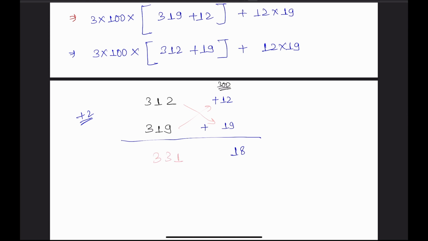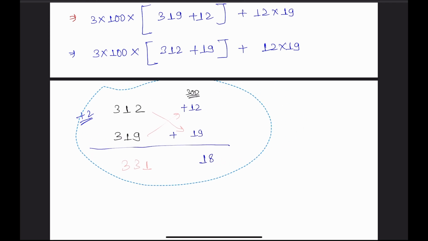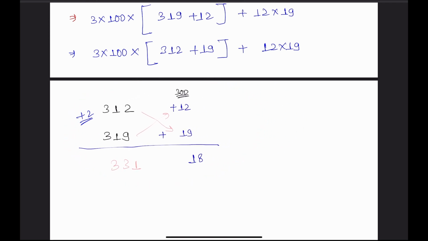Previously, let's take the example nearby so we can compare the difference. Take 112 and 119.